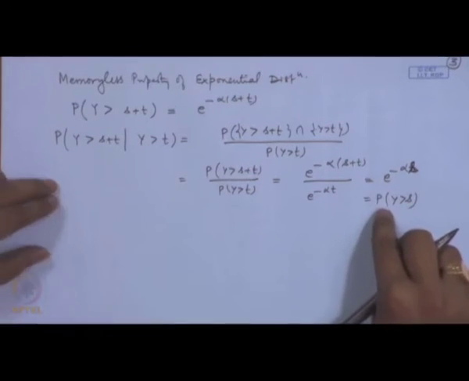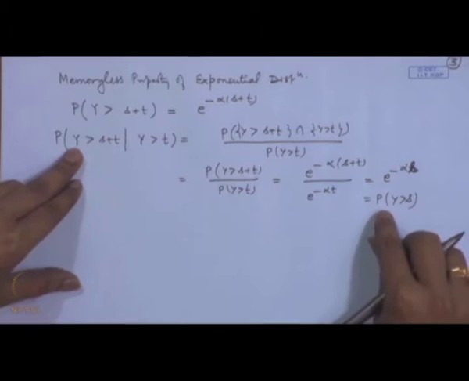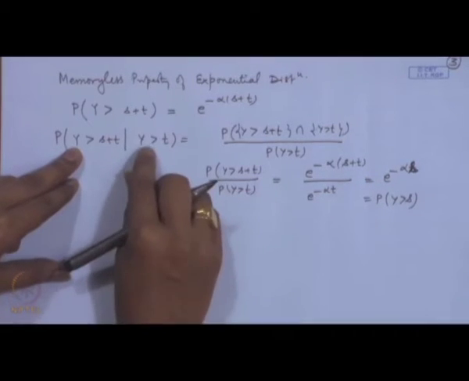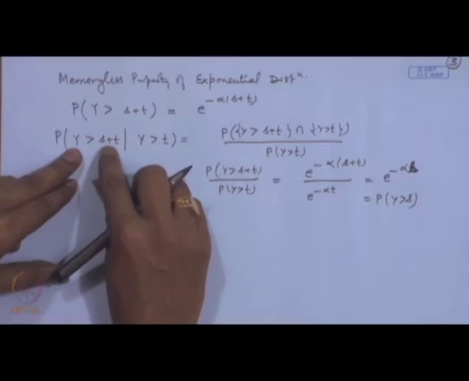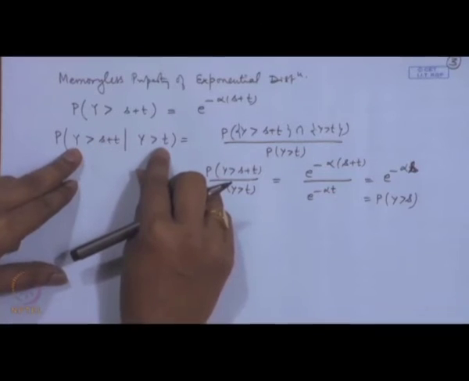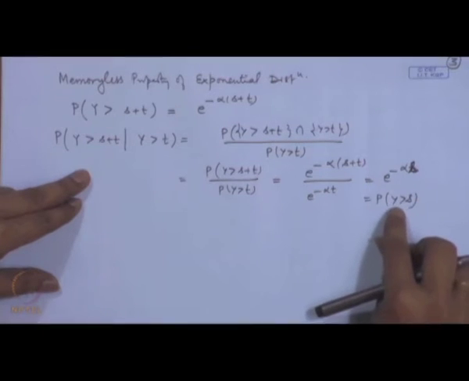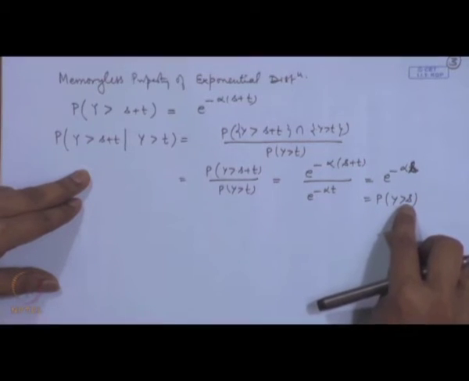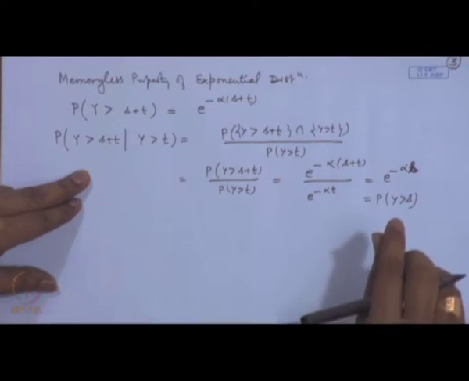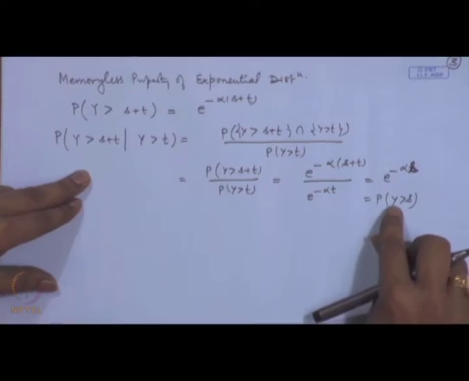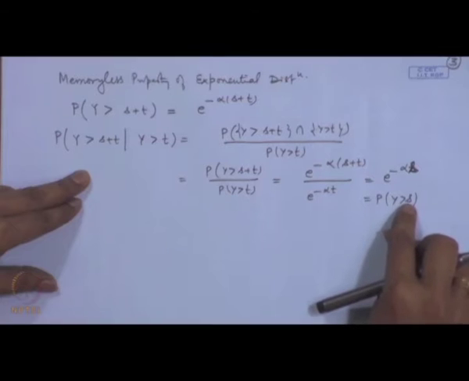So, what we have proved? That probability of y greater than s is the same as probability of y greater than s plus t given y is greater than t. Now, the left hand side denotes that the waiting time is more than s. That means, starting from time 0, that is, when we start to observe the Poisson process, the probability of first occurrence not being there till time s.